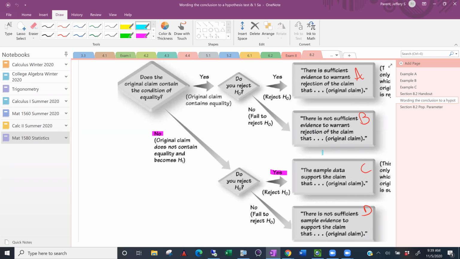Then you have to describe that original claim in words. So there is sufficient evidence to warrant rejection of the claim. All I'm doing is copying down exactly what's there.